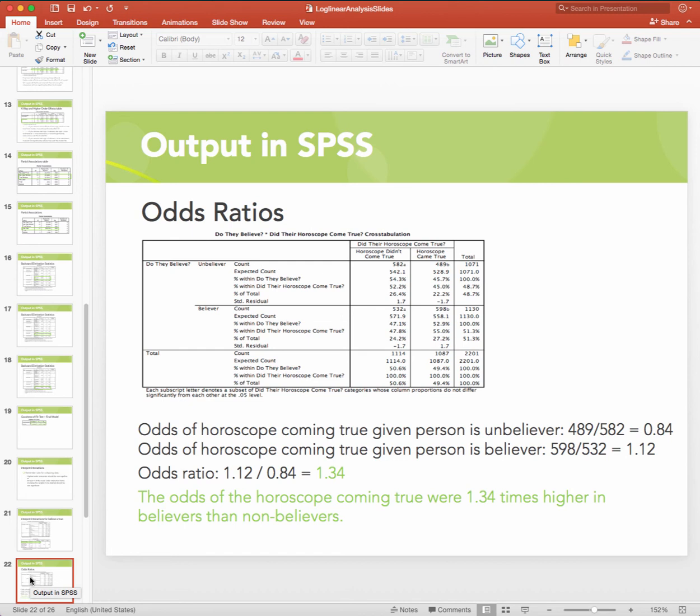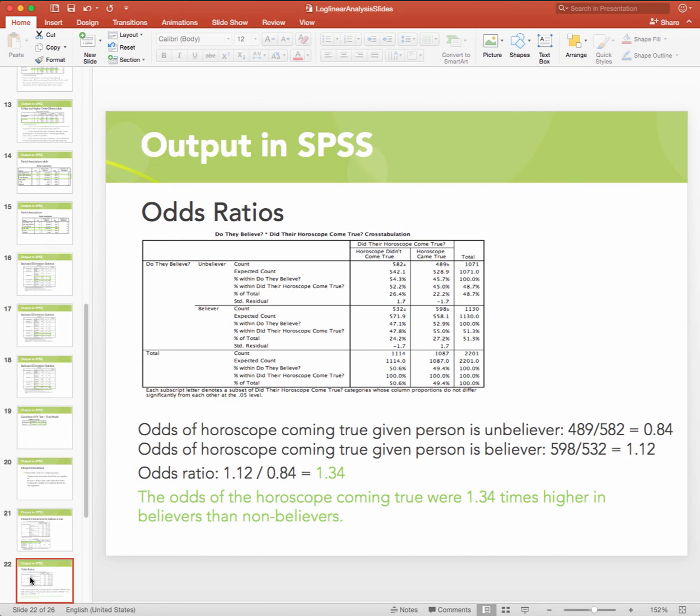Now, we talked a little bit about odds ratios when you calculate your chi-square test. We also use them to look at the effect size for loglinear analysis. The odds of the horoscope coming true, given that the person was a believer, would be 598 divided by 532, which gives you an odds ratio of 1.12.